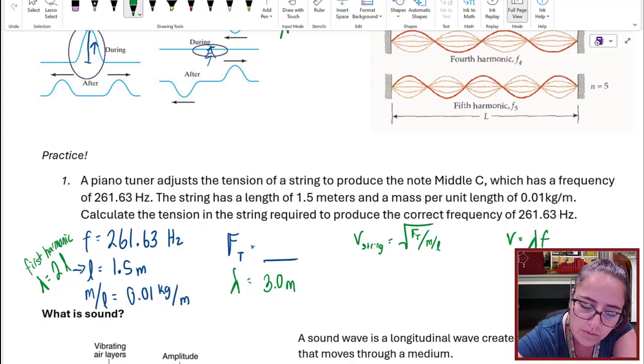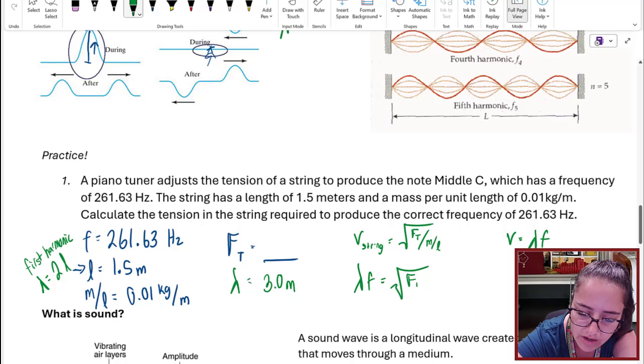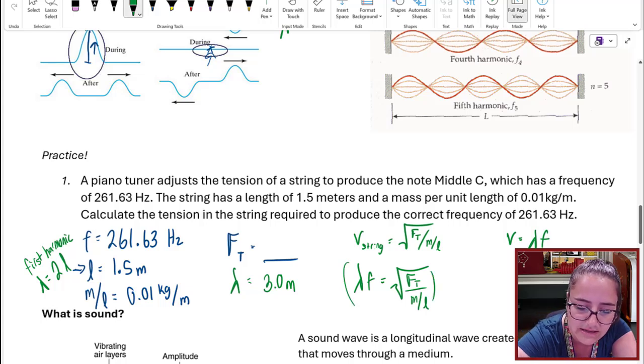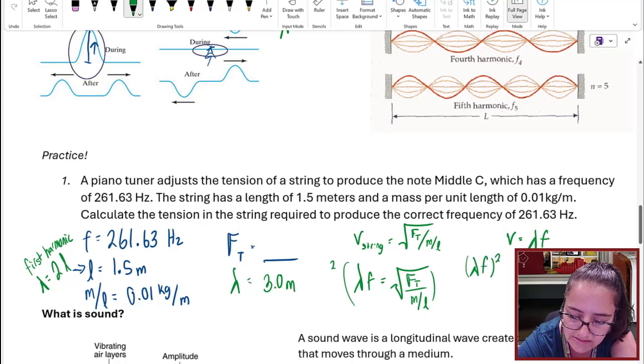Okay, so we have that the wavelength times the frequency equals the square root of the force of tension divided by the mass per unit length. To undo the square root, we're going to take the squares of both sides. So we have the wavelength times the frequency, squared, equals the force of tension divided by that mass per unit length.